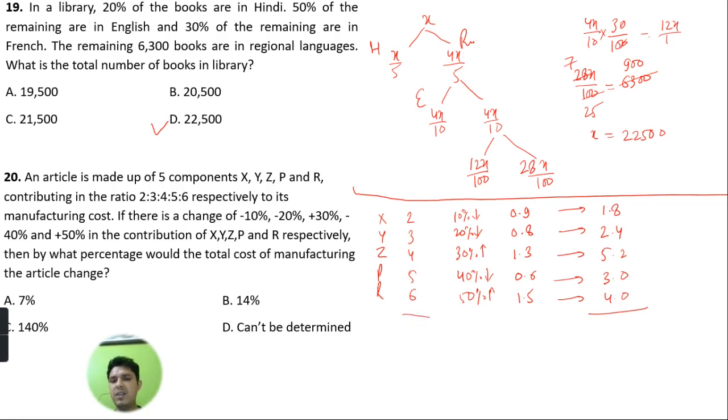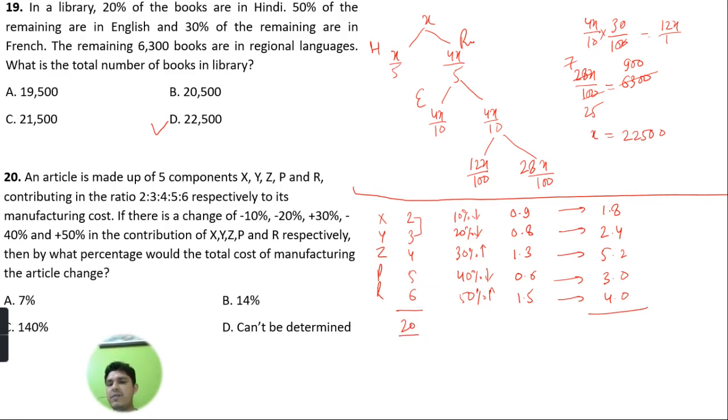And if we check the previous manufacturing cost and manufacturing cost now, so 3 plus 2 is 5, 5 plus 5 is 10, and this is 10 plus 10, 20.